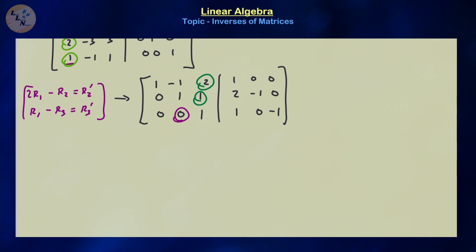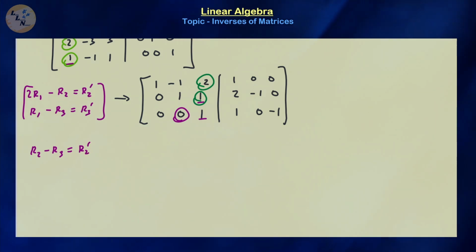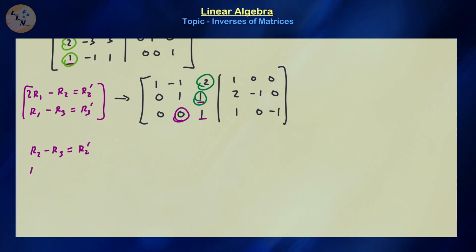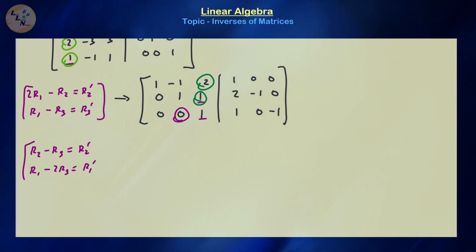Which is pretty good. So what can we do in order to eliminate that? So notice that we have 1 there and 1 there, so we can just subtract those two directly. So we can do row 2 minus row 3 in order to get a new row 2. And then we have a 2 and a 1 there, and of course the least common multiple would be 2. So we're going to do row 1 minus 2 row 3 in order to generate a new row 1.